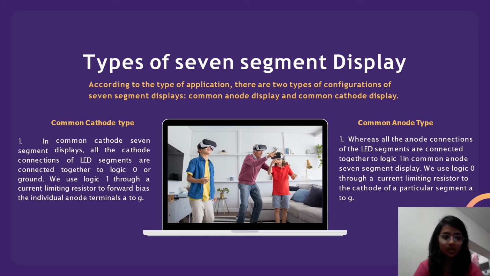So we use logic 1 through a current limiting resistor to forward bias the individual anode terminals A to G. Common anode type: whereas all the anode connections of LED segments are connected together to logic 1. In common anode 7-segment display, we use logic 0 through a current limiting resistor to the cathode of a particular segment A to G.